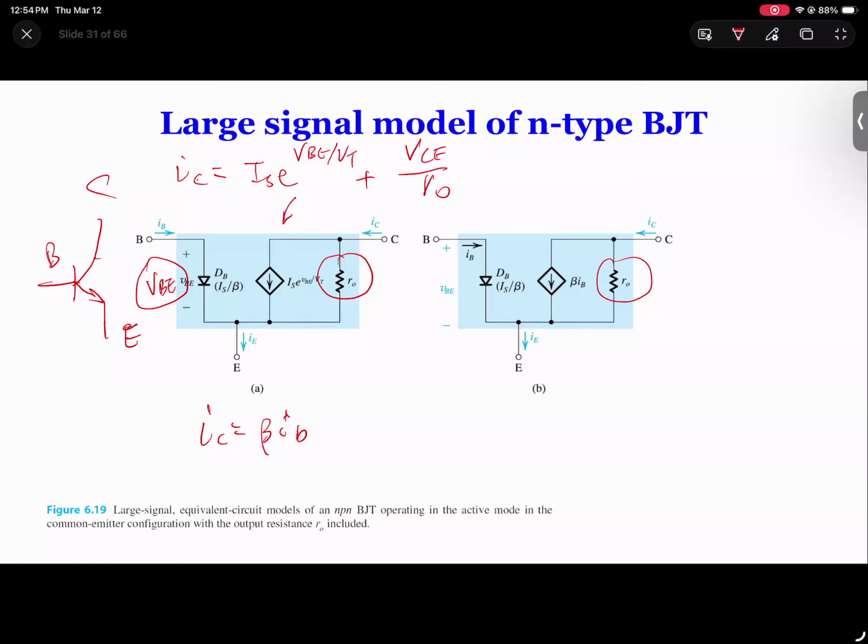VCE over RO is from here to here. Same thing here, so that's VCE. Now the bottom is the ground. So the current is simply VCE over RO. That's your current. Very simple, very straightforward, just a simple mathematical transfer from one equation to another. You really get your final expression.